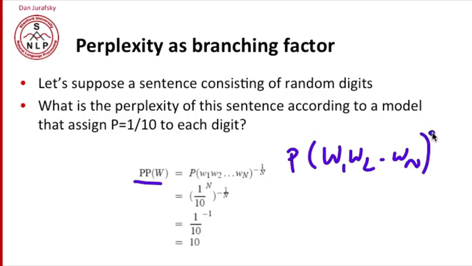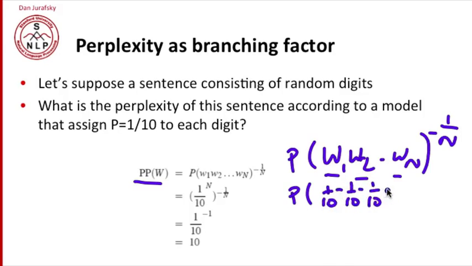The perplexity by our first metric is the probability of this sequence to the -1 over n. And since each of these digits has probability 1/10, and we're assuming a unigram probability, that's 1/10 times 1/10 times 1/10, and so on. So that's 1/10 to the n, because there were n words, to the negative 1 over n.